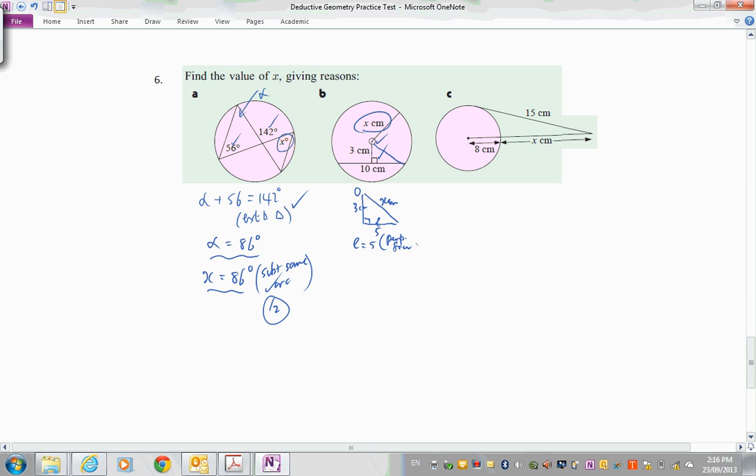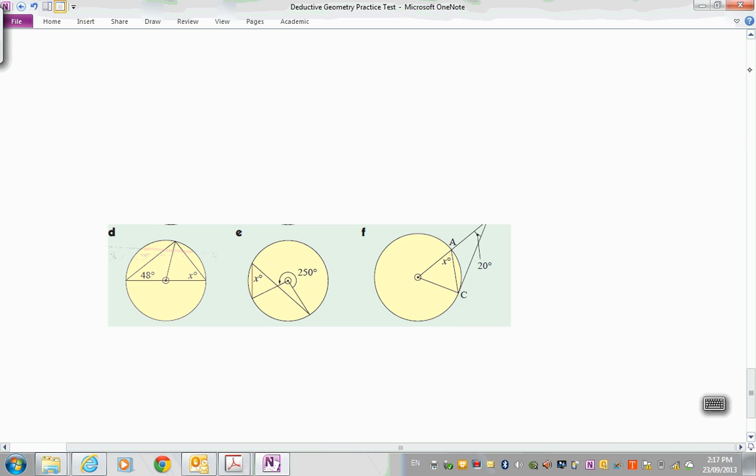From centre. Perpendicular drawn from the centre to the chord bisects the chord. Therefore, x squared equals 3 squared plus 5 squared by Pythagoras. X squared equals 9 plus 25 or 34. X is plus or minus square root of 34. Oops, let's just go back up now.